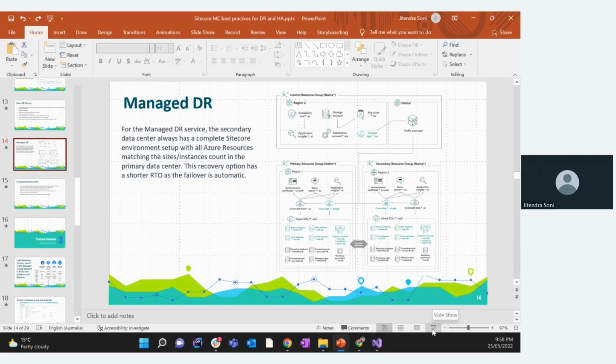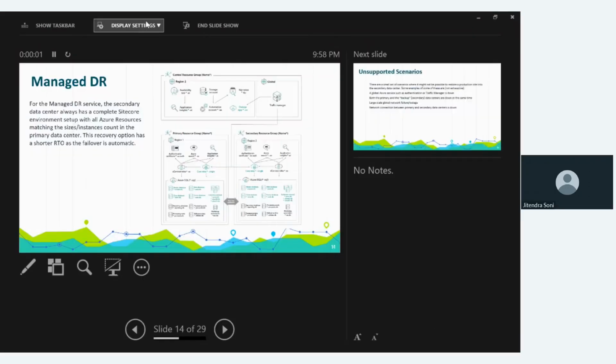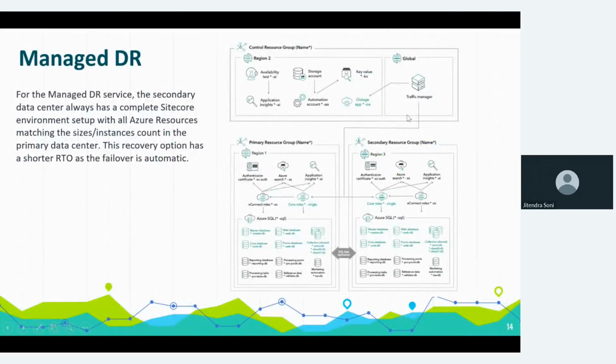So here is the point, let me open this again. With the traffic manager, we only expose CD instances as a public facing site, so the traffic always comes to the CD instance. If your CD instances go down, it will reroute to the secondary CD instances.